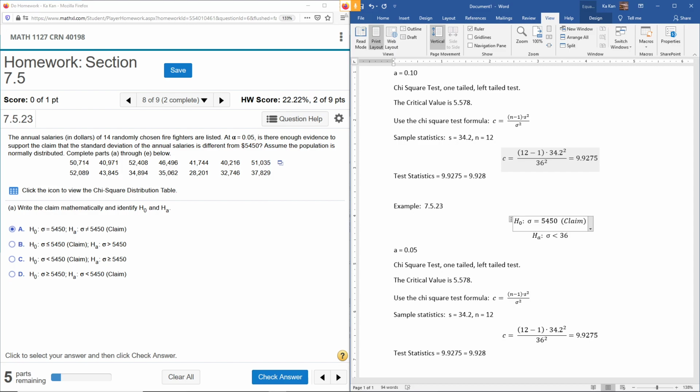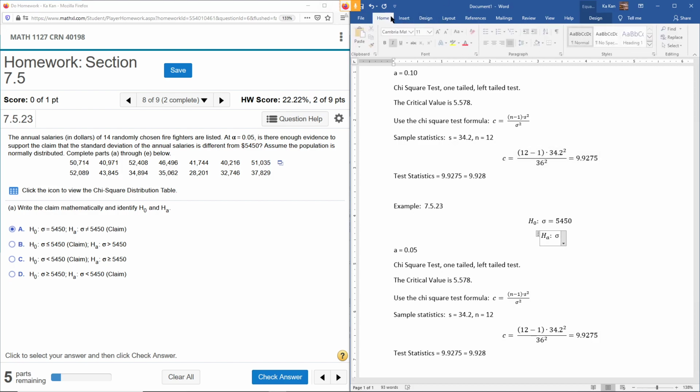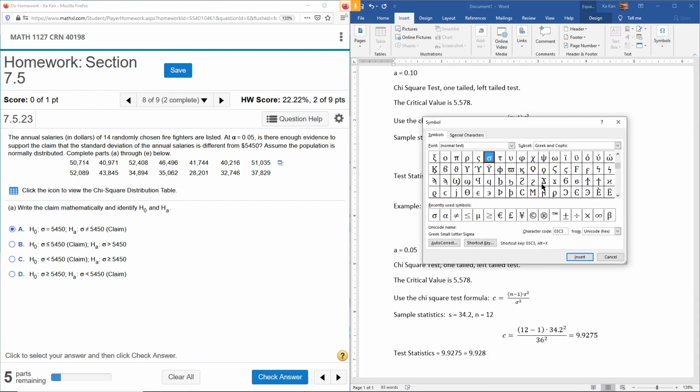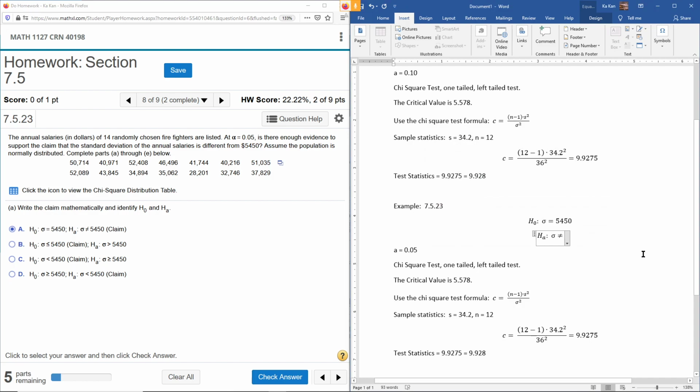It's either equal to this, and this is not the claim, or not equal to 5450. And this is the claim. They say it's different.